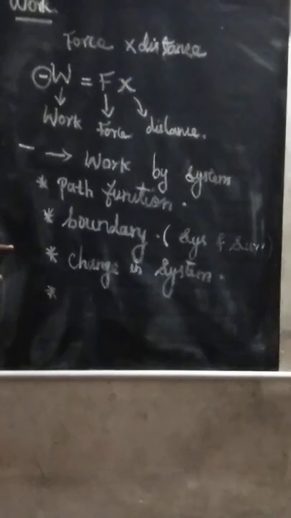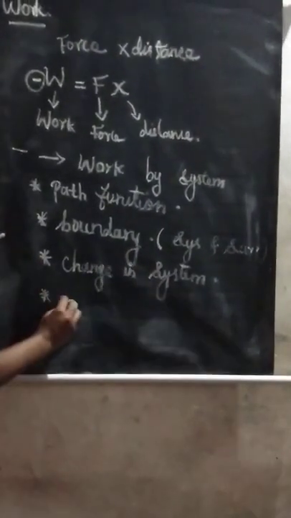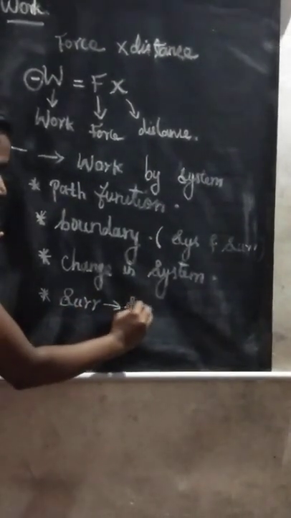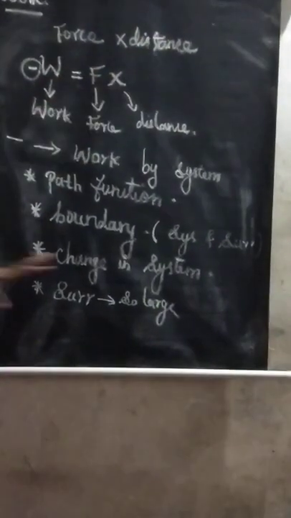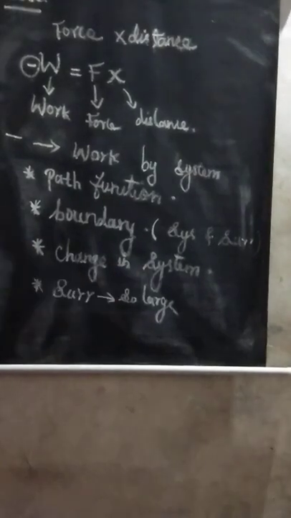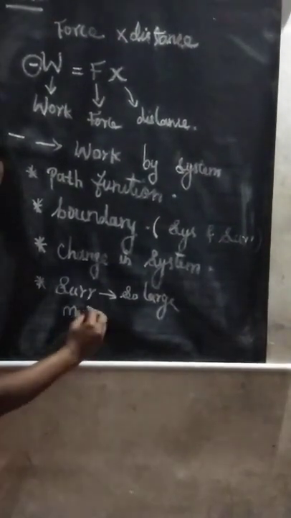In thermodynamics, surroundings are so large. More surroundings are there. Surroundings are so large, so macroscopic changes do not happen.